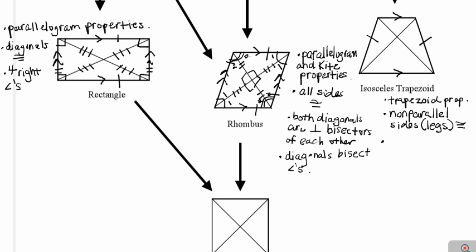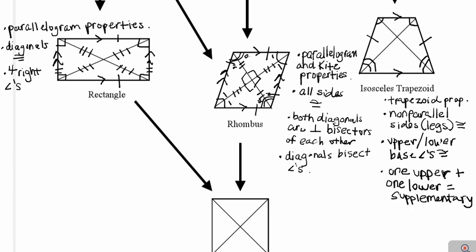We know that the upper and lower base angles are congruent. So that means that the top 2 angles are congruent to each other, and then the bottom 2 angles are congruent to each other. The next property is that one upper base and one lower base angle are supplementary. And there really isn't any way to indicate that on the diagram.